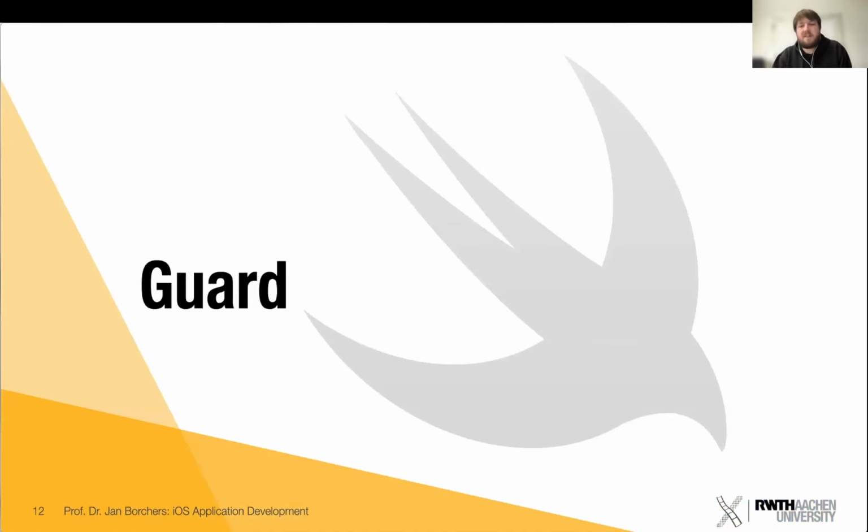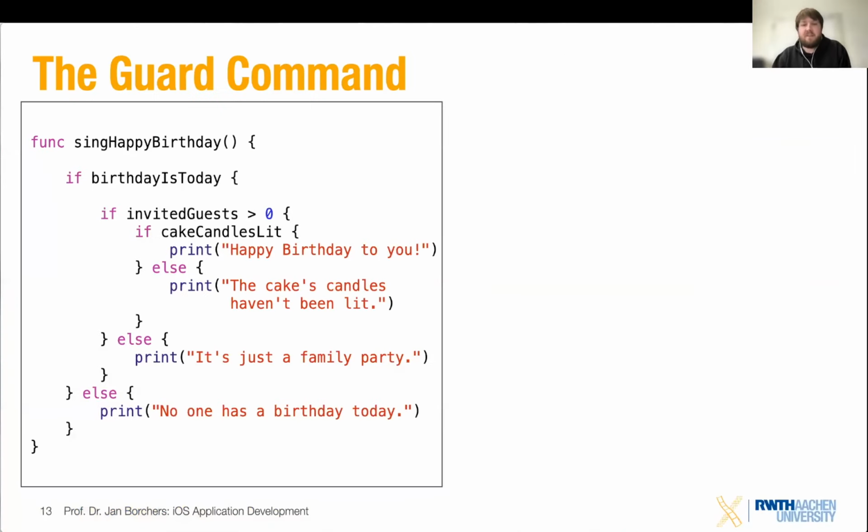And guard is something that helps you to also make more readable code. It's very closely related to if statements, but you can use it to simplify everything that you're using there. So let's consider this example. We want to check what we need to sing for a birthday.